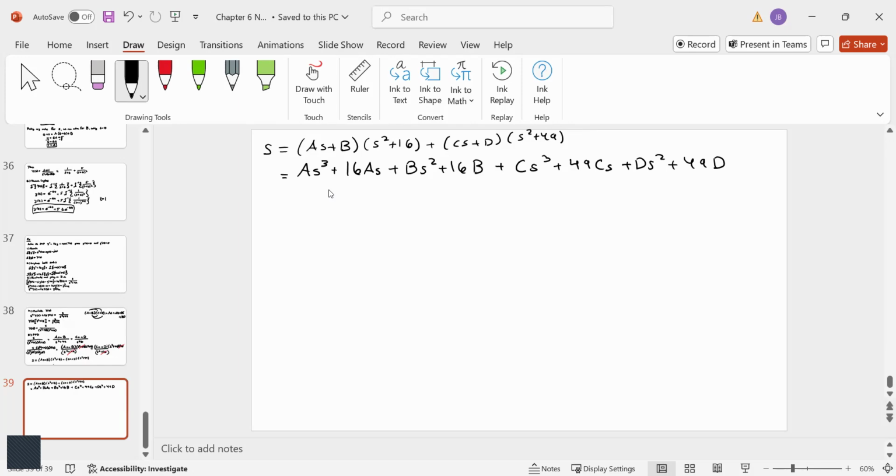Then I'm going to combine the s cubes with the s cubes, squares with squares, and so on. So then we get as cubed plus cs cubed plus bs squared plus ds squared plus 16as plus 49cs. That's not an s, that was a c. Plus 16b plus 49d.